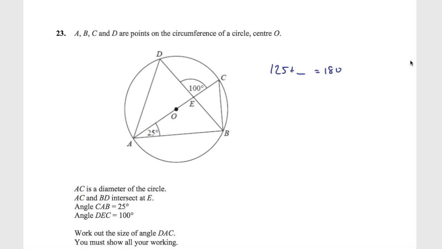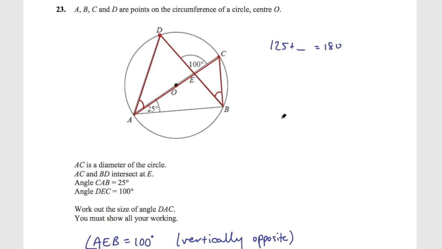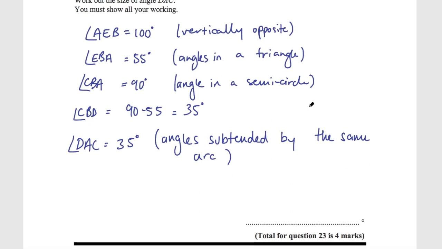So the circle theorem says that these two angles here, because they're coming from the same points on the circle, these two angles must be equal. And actually, I think I went through a proof of that in another video. I think that was another question from another exam. But that's one of the circle theorems you need to know. And so therefore we can say that DAC equals 35 degrees.